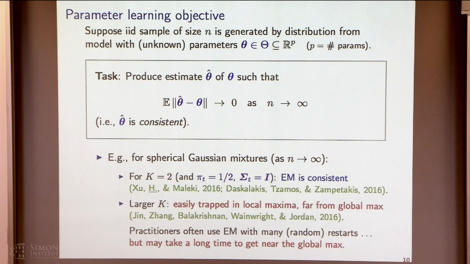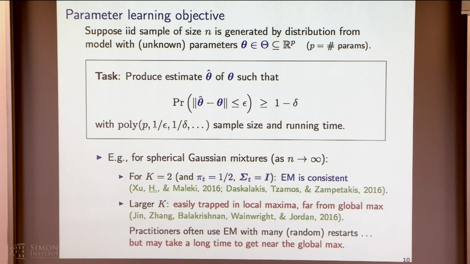The other issue is that we don't just care about what happens when n goes to infinity. We'd like to do all of this with a reasonable sample size. So ultimately, we also care about providing correct or approximately correct answers with high probability, with a reasonable sample size and running time.